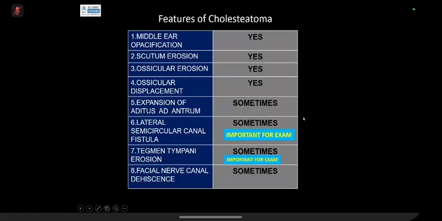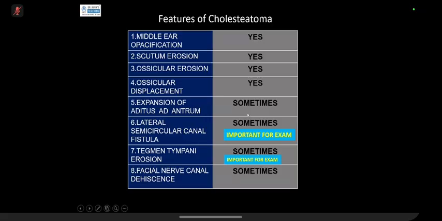So please remember that you will see middle ear opacification. These are the features which are commonly seen and might not be seen in each and every case. Remember that the scutum can be eroded, ossicular erosion can be there, ossicular displacement, so it can displace the ossicle as a mass.